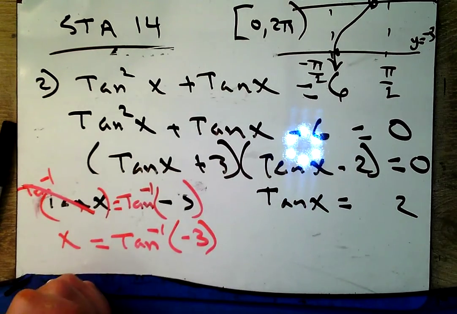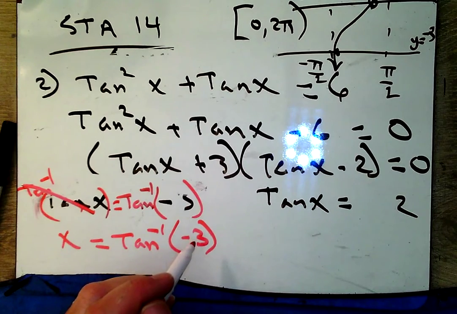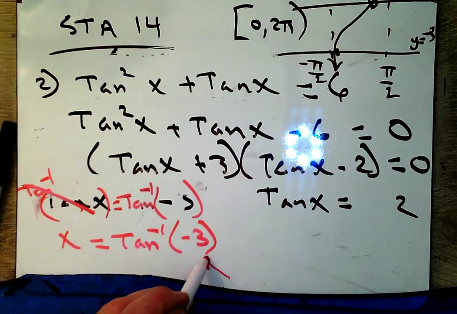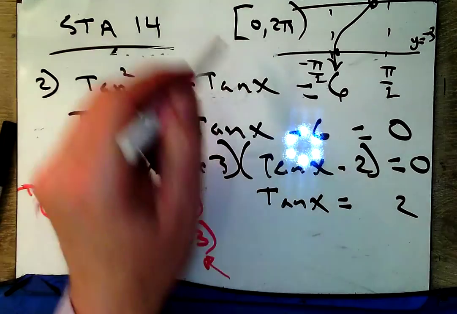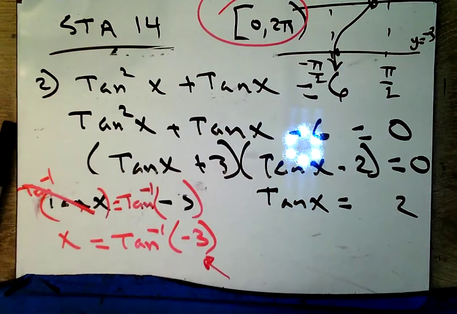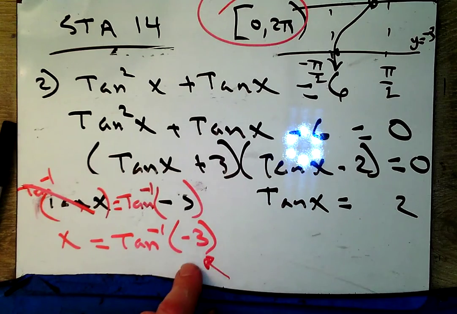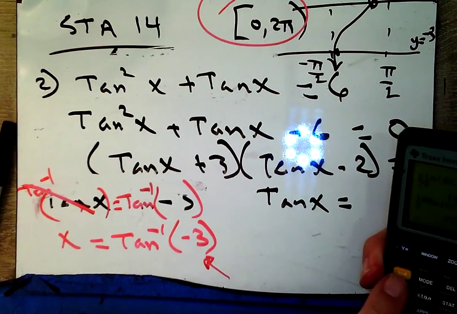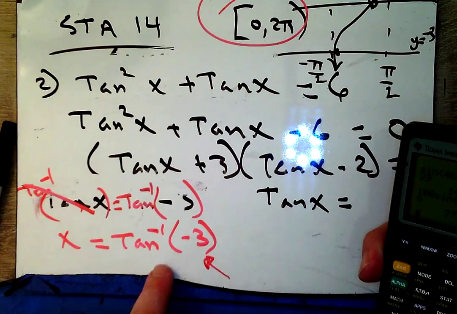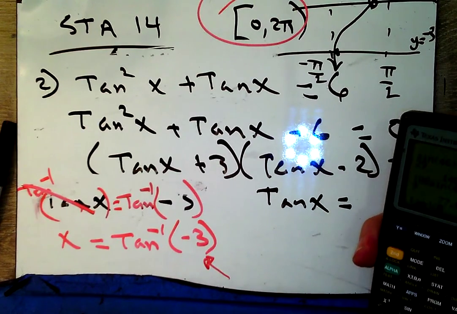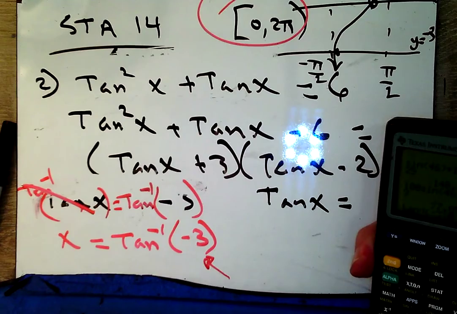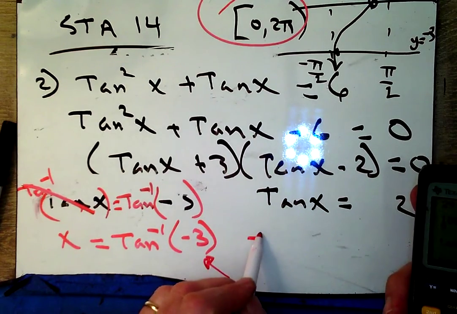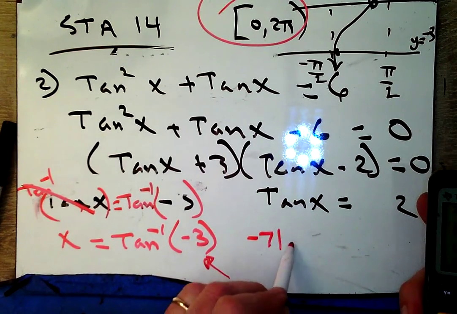And furthermore, I'm worried that this answer is outside of this restriction. This is going to give us a negative angle. You don't believe it? Let's take a look. Inverse tangent of negative 3, and I get negative, ooh, it's in degrees, sorry, but maybe this is better.